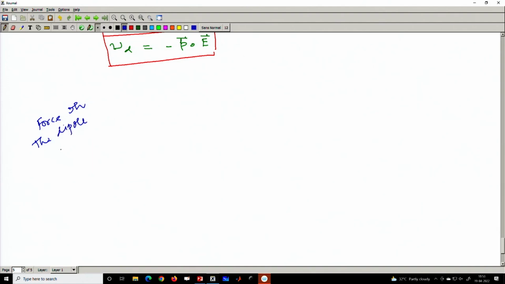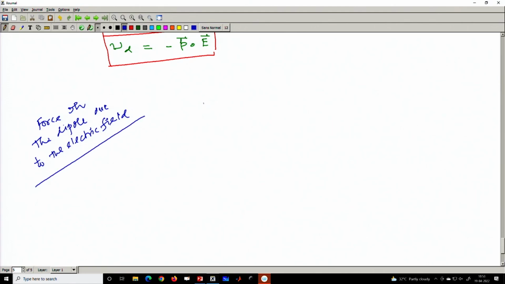So what is the force that the dipole is going to experience due to the external electric field?